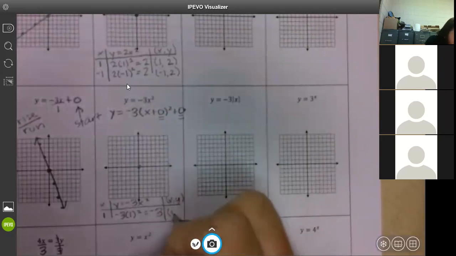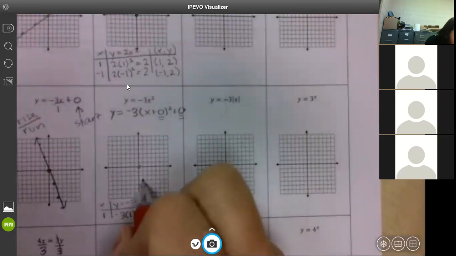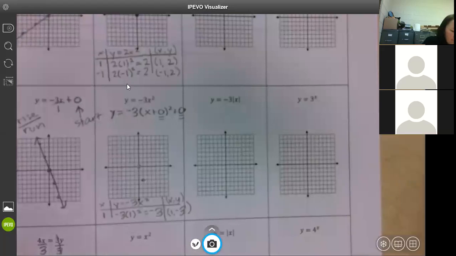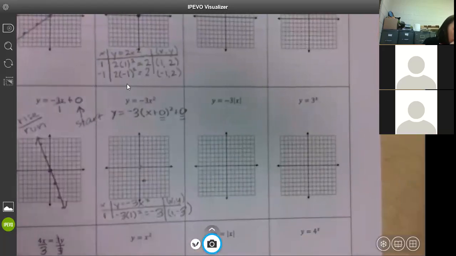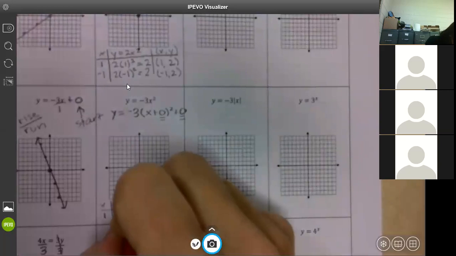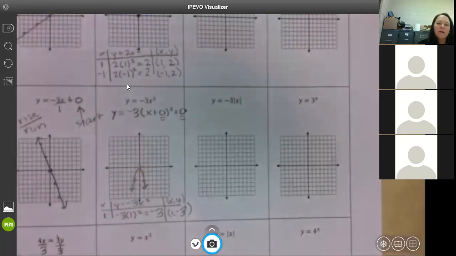So that coordinate is 1, -3. Where would the third coordinate be? -1, and what's the second coordinate? -3. Perfect. -1, -3. And all we need is those 3 points and we're good to go.